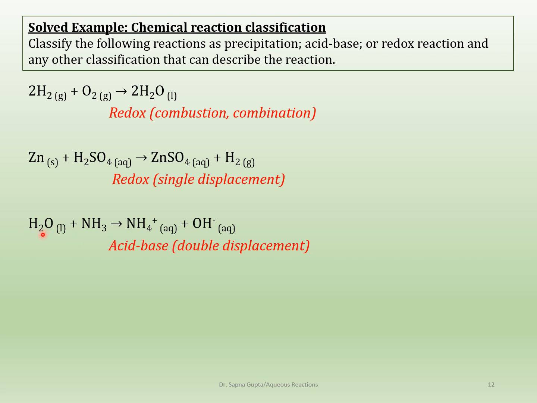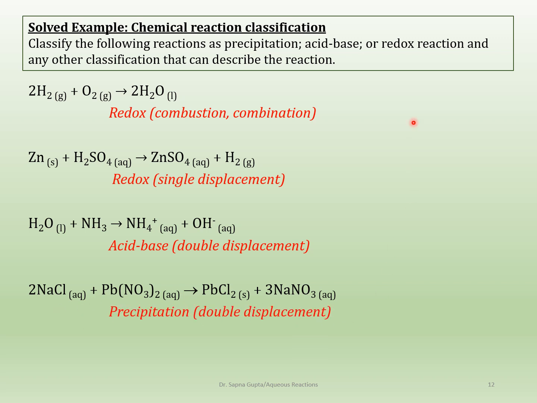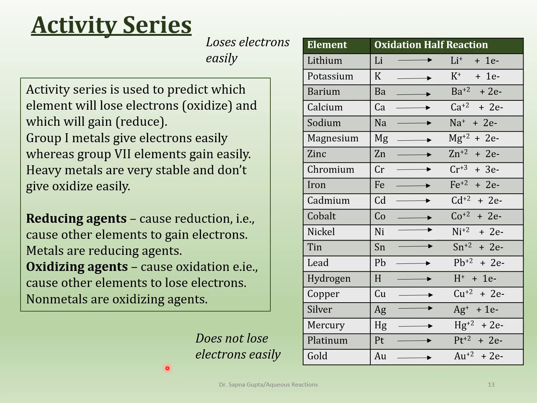Okay, so it's a little bit unclear, but double displacement sounds about right. Okay, so then here this one's pretty easy, right? Because as soon as you see solid, you're like, yeah, I think I know this one. This is a precipitation reaction, right? And in precipitation reactions, usually they're going to be double displacement reactions. Okay, so not much to think about there.